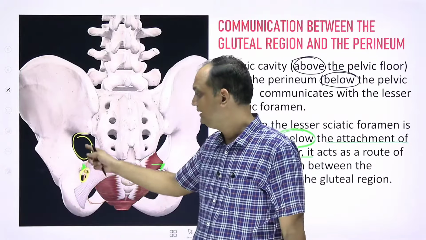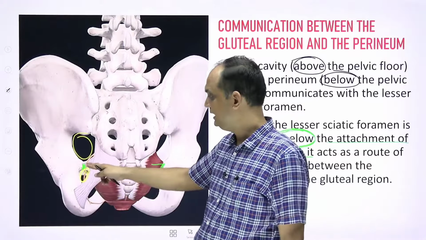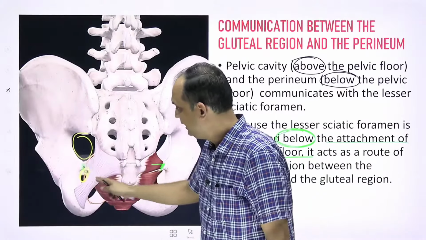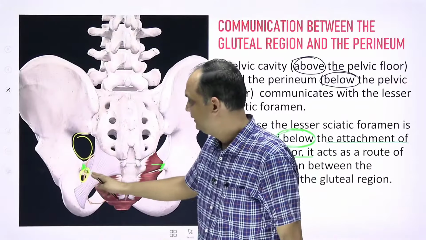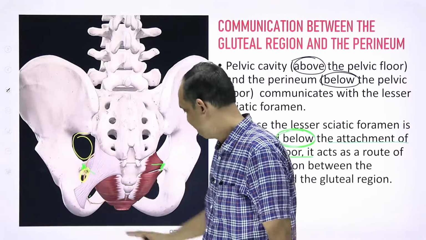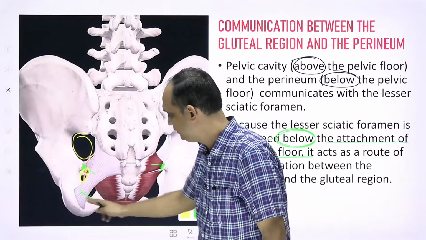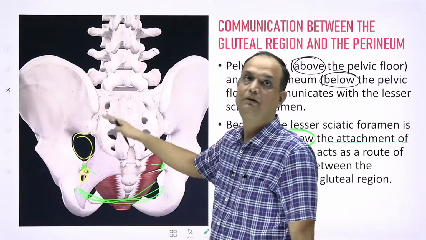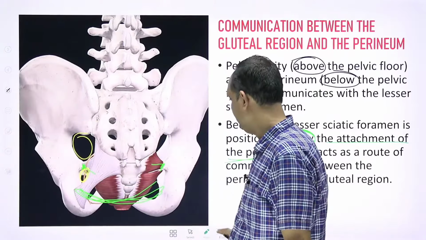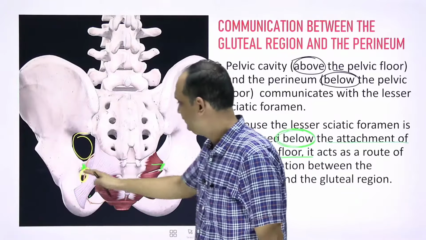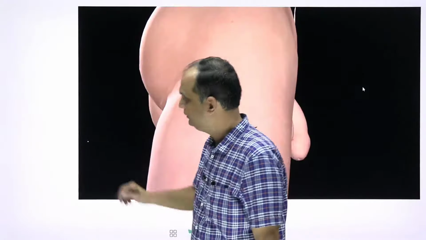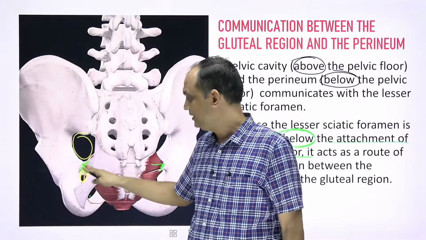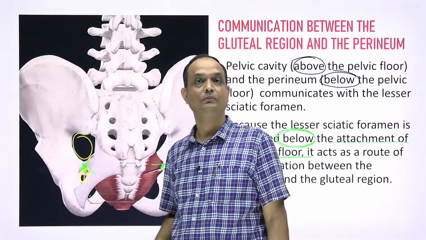So, this is an important thing to understand, because the origin of the muscles of the pelvic diaphragm is at the level of this point, they are not below. Suppose the origin of the pelvic muscle came from here, then what will happen? Both these foramina would become part of the pelvic cavity. But it is not like that. The origin is from here. So, the greater sciatic foramen becomes part of your pelvic cavity and the lesser sciatic foramen becomes part of the perineum.